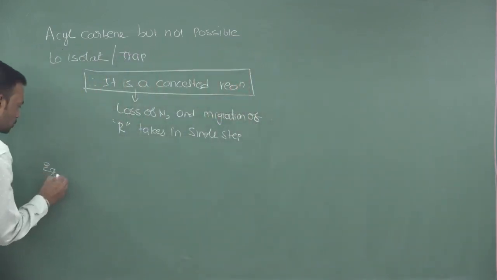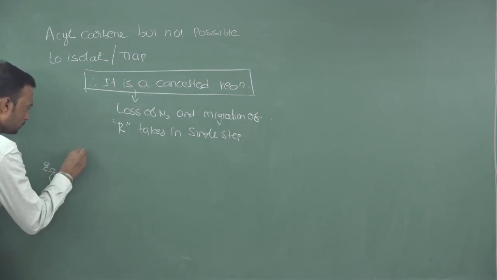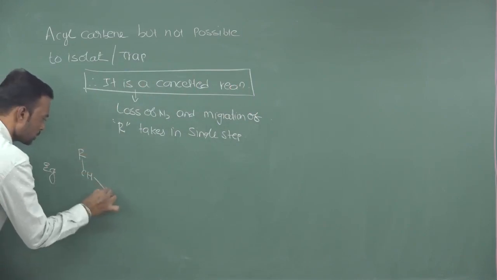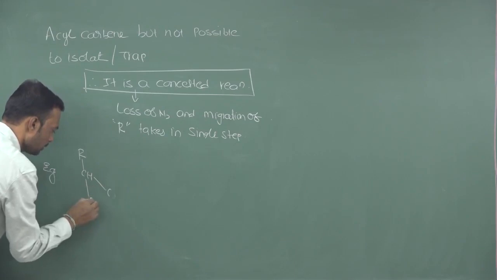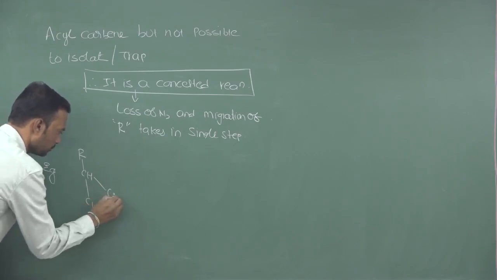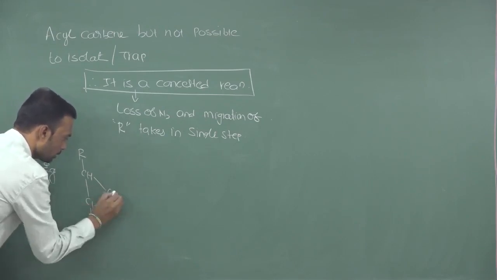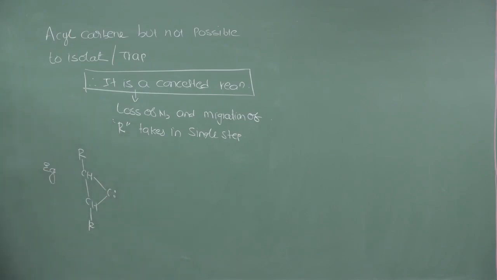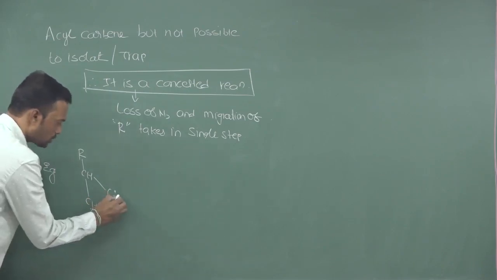So one more you can also write: this is R, CH, this is carbene. This is one more kind of rearrangement, so you will learn clearly in examples. Right now I am giving one more example. Now a 3-membered ring I have given, and the carbene is present on one of the carbons.